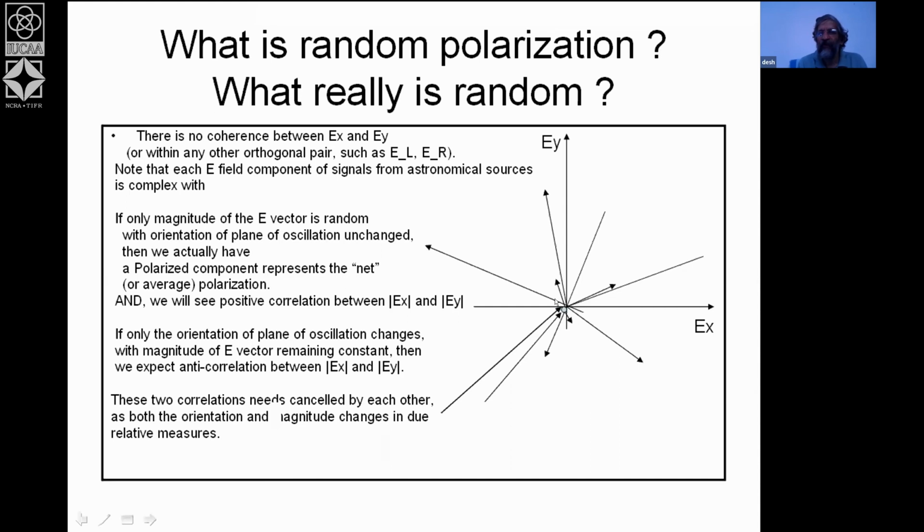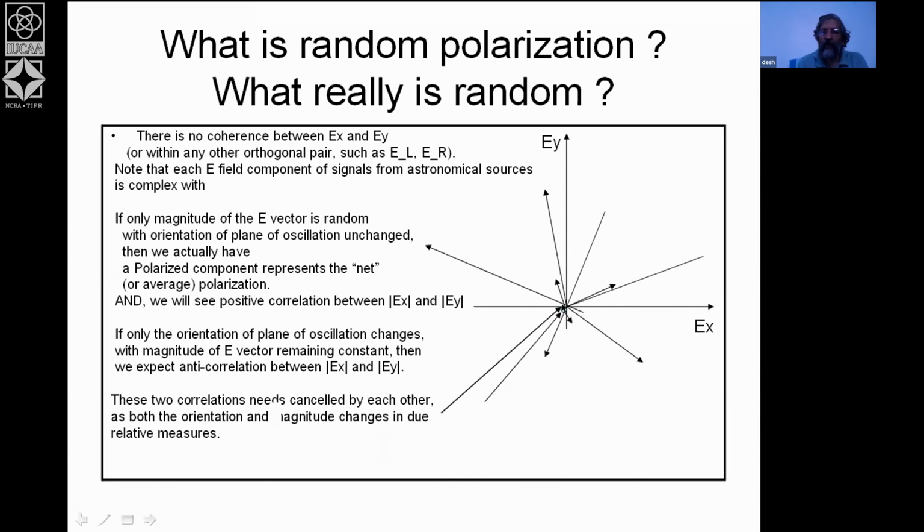So if the electric vector that we have at hand were to be oscillating in magnitude only as part of the randomness, then we will find that the orientation remains the same, and there will be a high degree of correlation between the x and y, with the factor defining the correlation depending, of course, on the angle.